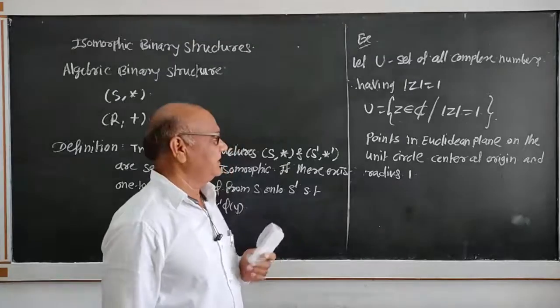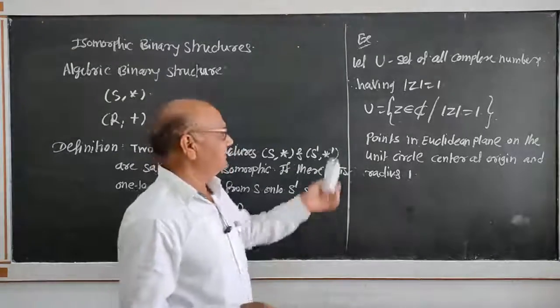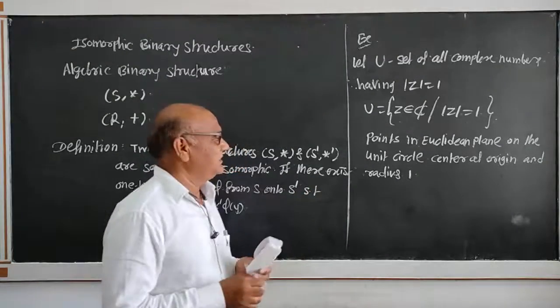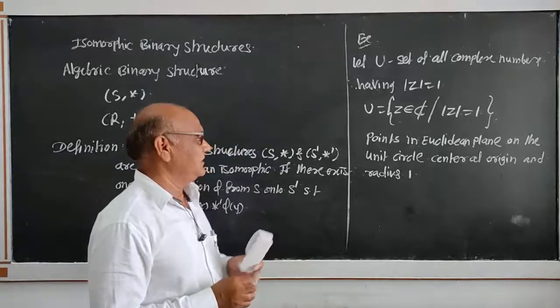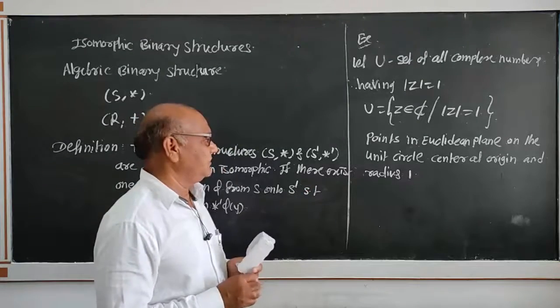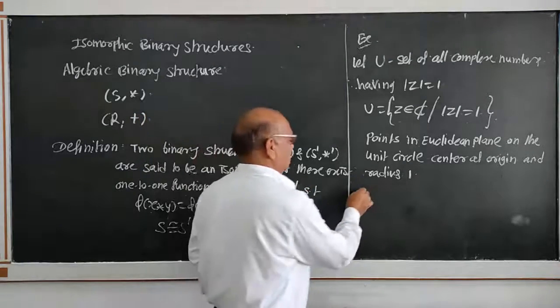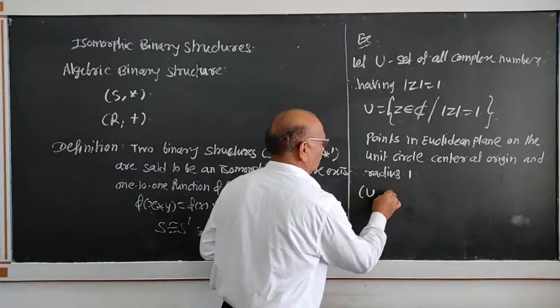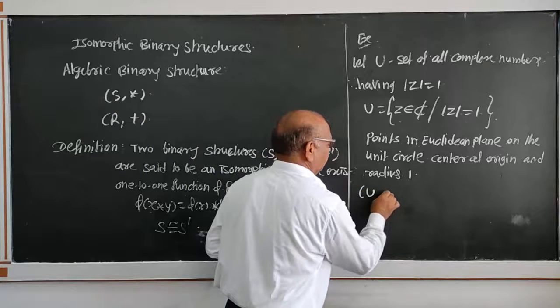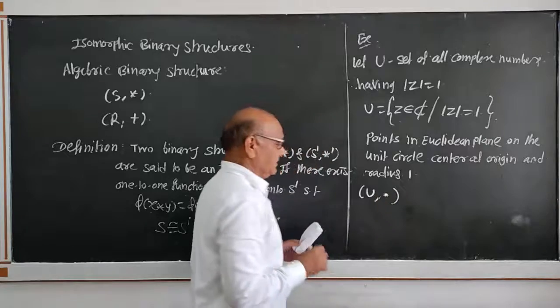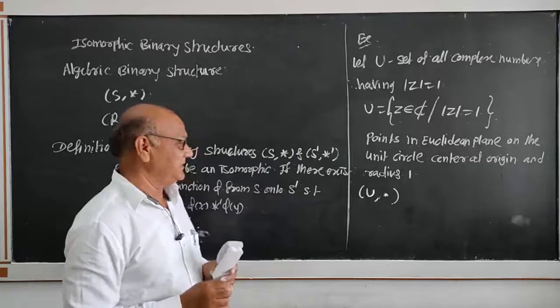In the complex plane, all points on this circle are in U. Then U with multiplication, the binary operation being multiplication.